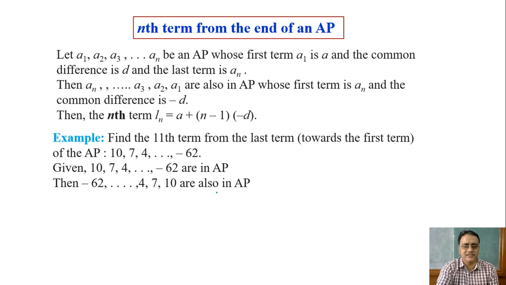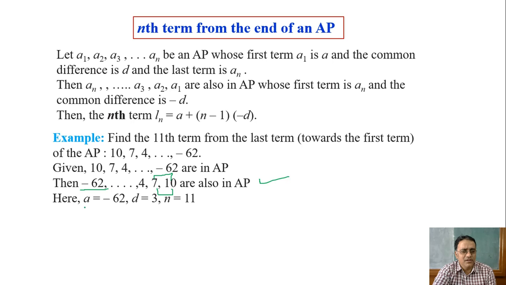Now what is the first term of this AP? Minus 62. And what is the common difference? For the common difference, we take any term and subtract its preceding term. 10 minus 7, 3. Right. So the first term here is minus 62, common difference is 3.